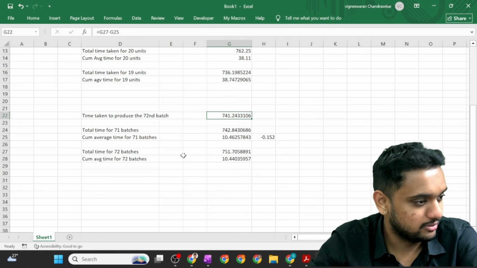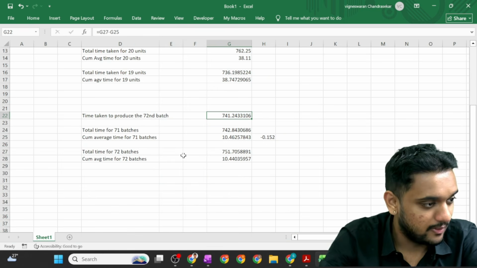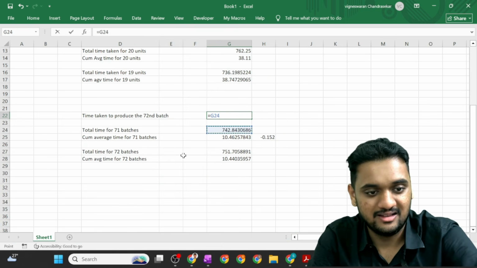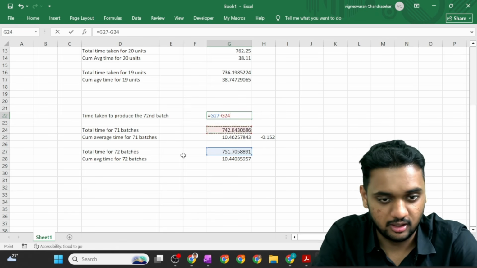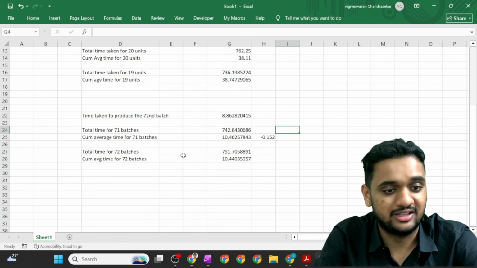Follow the order, enter. What are you getting? The time taken for the 72nd batch. This minus this is the time taken for the 72nd batch.